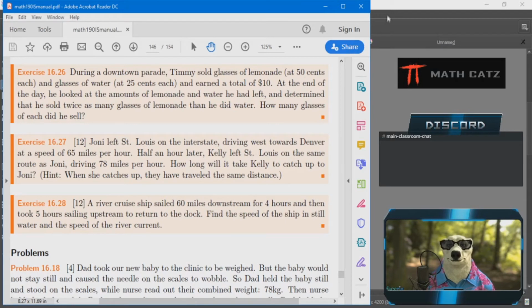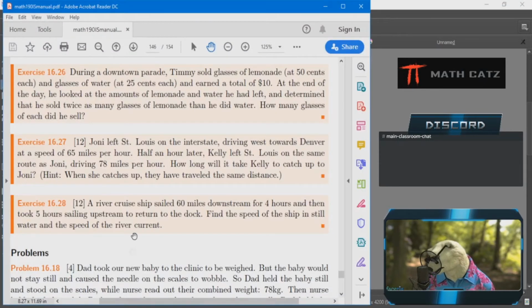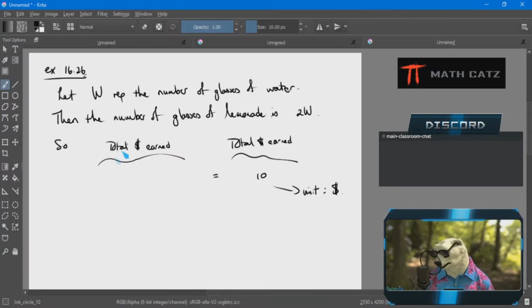I think the majority would maybe stick to dollars, and I've already done dollars here, right? So my unit is dollars. So if I do a calculation with 50 cents, I'm going to have to make that 0.5. So $0.5 for a glass of lemonade.